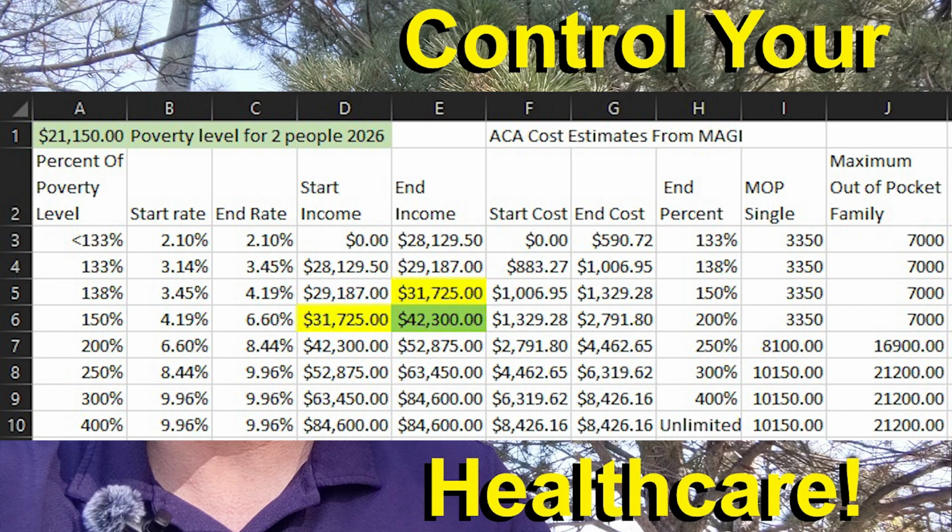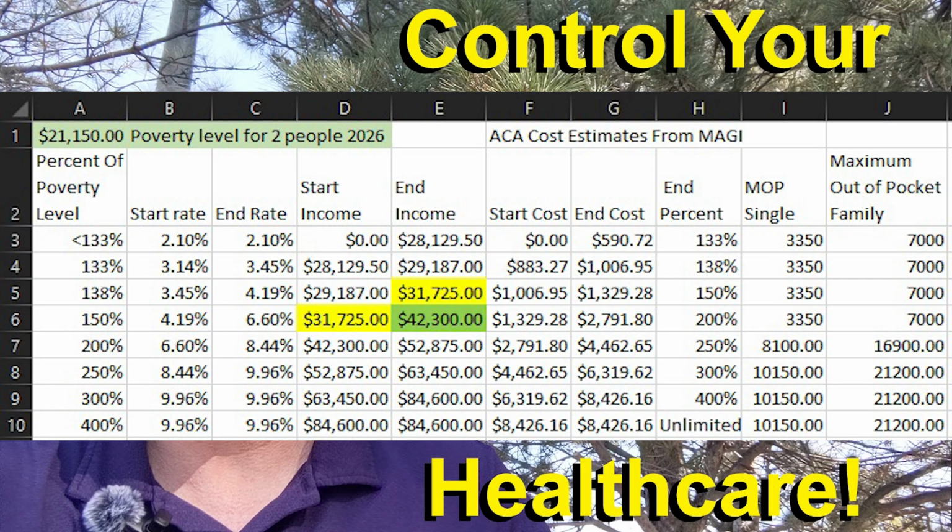So if you look on row or line 4, at 133% of the poverty level, you start to pay 3.14% of your income as insurance premiums. And then as you get to 138% of the poverty line or poverty limit, you pay 3.45%. That's in column C4. So that's how you kind of read those.